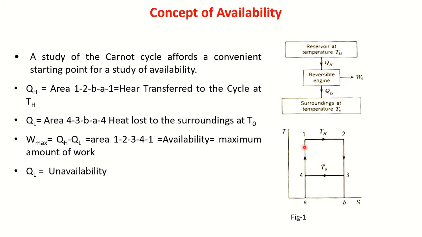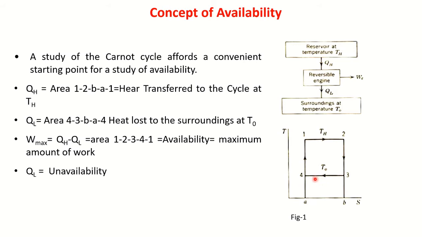You will get this 1, 2, 3, 4, which I have explained, and the area 1, 2, 3, B, A, 4, 1 is the total heat supplied. Area 4, 3, B, A is the heat rejected at dead conditions. This is the available energy, or you can call it availability.